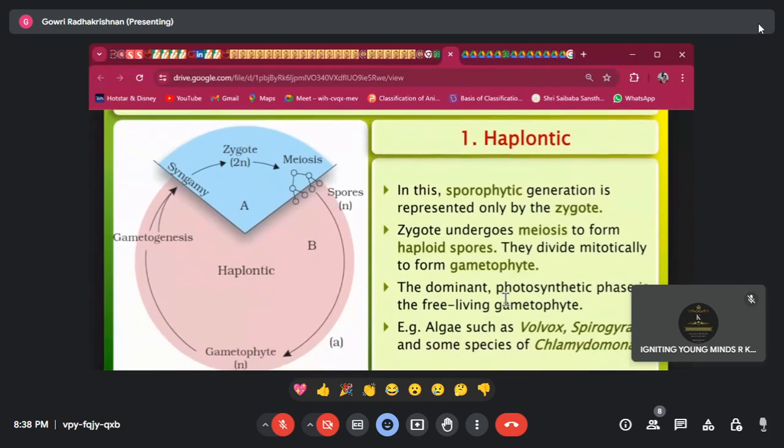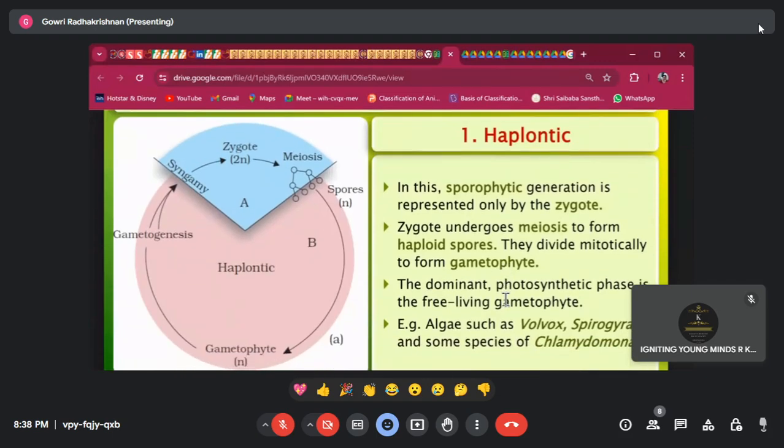Now, haplontic stage. In this, the sporophytic generation is represented only by the zygote. The zygote undergoes meiosis to form the gametophyte. The dominant photosynthetic phase is the free living gametophyte. Examples are algae such as Volvox, Spirogyra, and some species of Chlamydomonas.